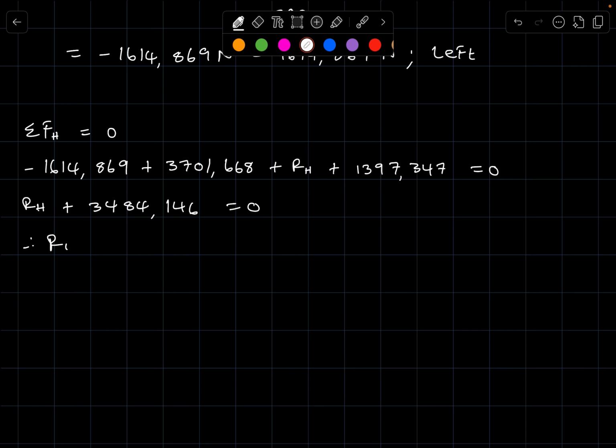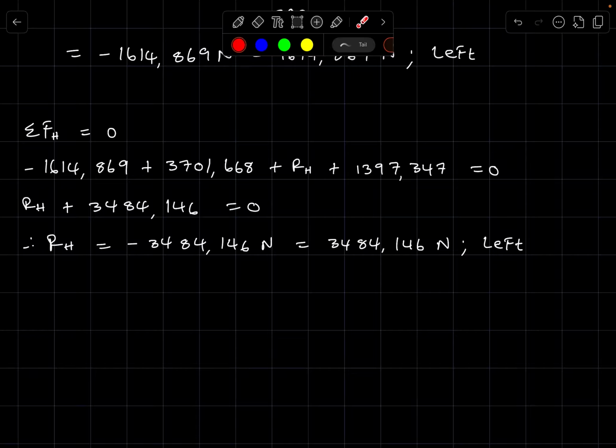Therefore, meaning RH, transposing this to the other side, will be negative 3484,146 newtons, which means this is actually 3484,146 newtons headed in a negative direction, which along the horizontal plane is left. Right, so both our reactions along the horizontal plane are headed left.